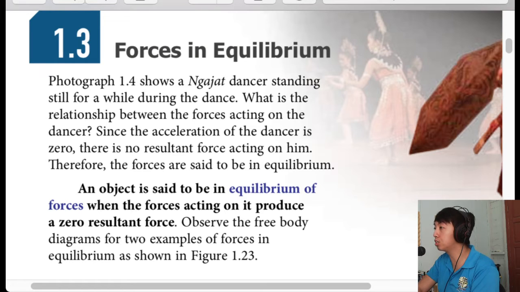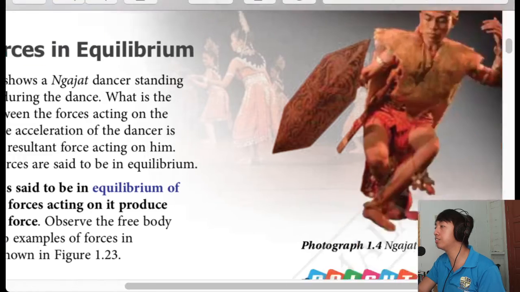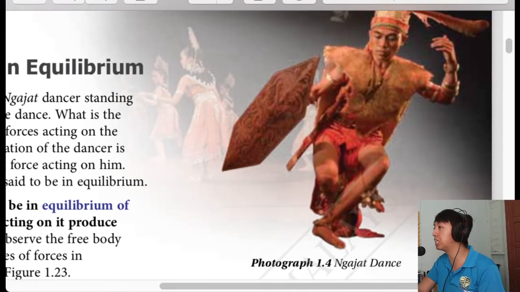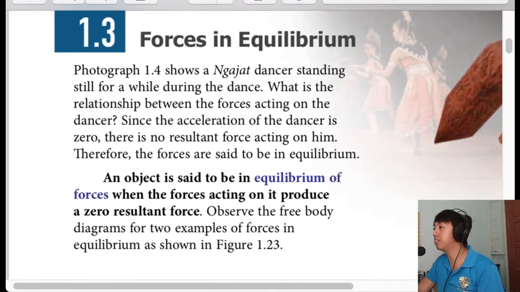Photograph 1.4 shows a ngajat dancer standing still for a while during a dance. So if you have your textbooks, you can see there's a picture of a dancer staying still. So what is the relationship between the forces acting on the dancer? Since the acceleration of the dancer is zero, there is no resultant force. Therefore, the forces are said to be in equilibrium.